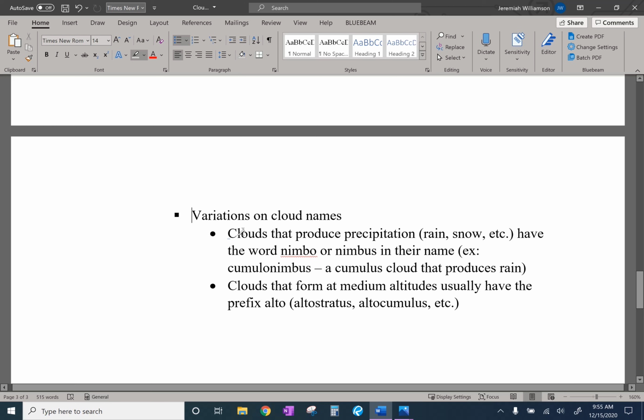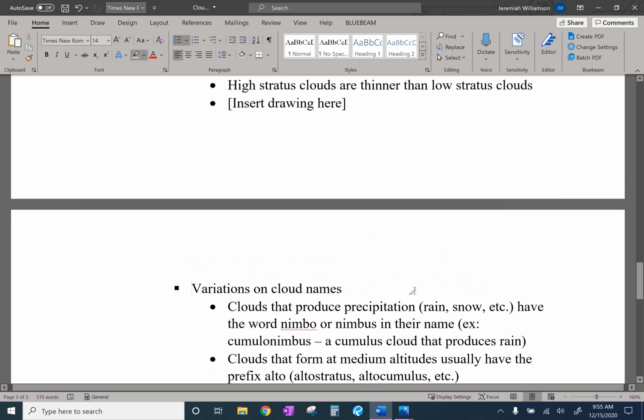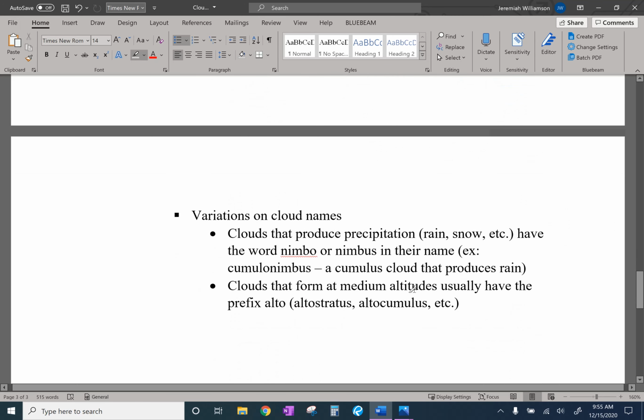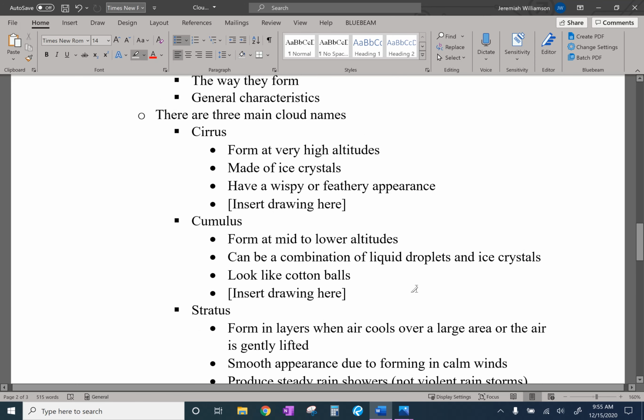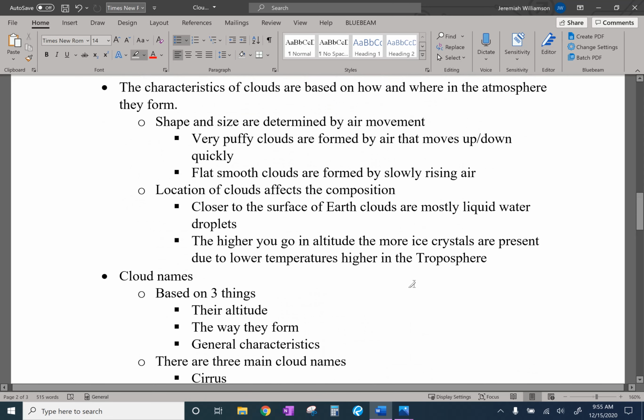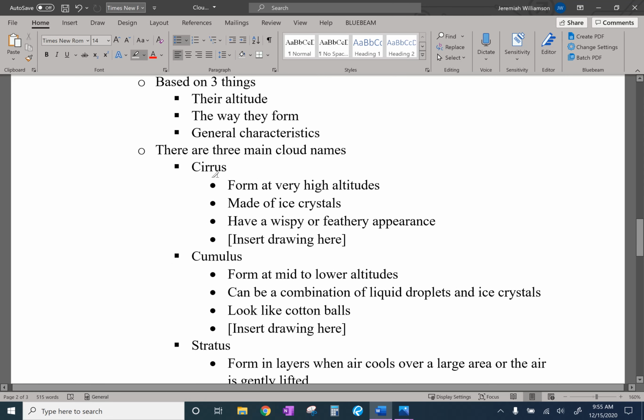And there will probably be a written assignment to go along with this in your discussion prompt that you're going to need to do for this class. I want you to tell me where the word cirrus comes from. I mentioned it a few minutes ago, or you can look it up if you really want to.